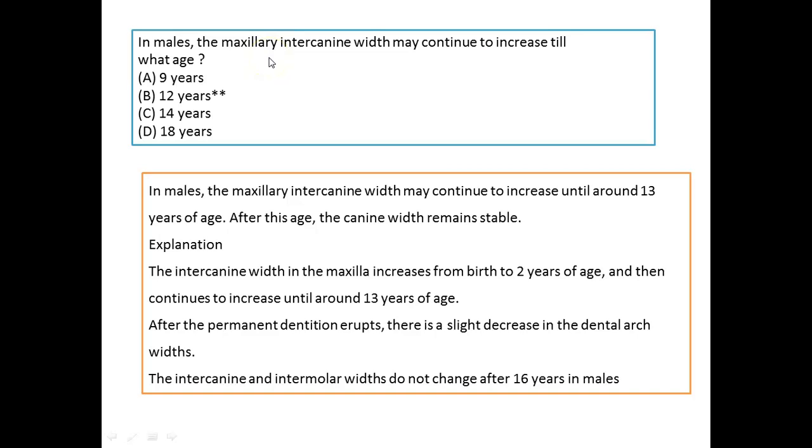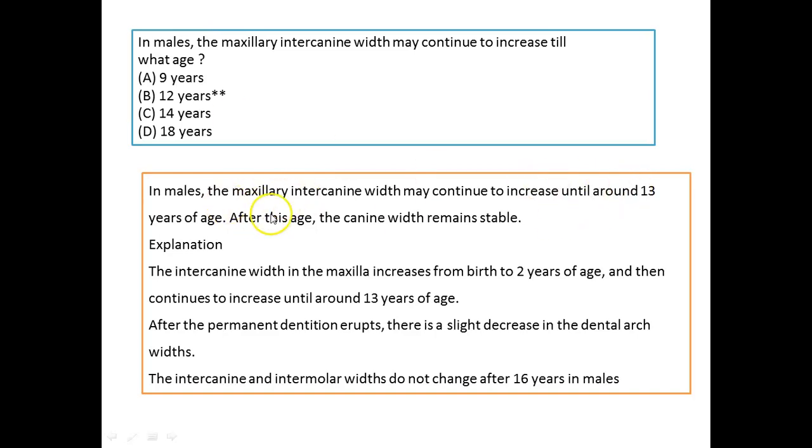Now the very confusing question, about the maxillary intercanine width. Remember, in males it continues to increase till the age of 12 years. Ideally, if you see the textbook of growth and development, they have mentioned around 13 years of age, but here there is no option for 13 years, so you have to go to the nearest option, that is 12 years.